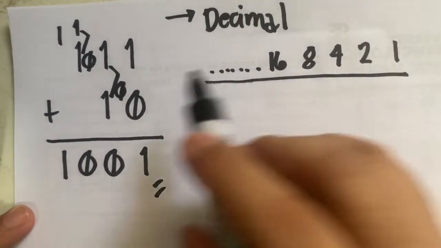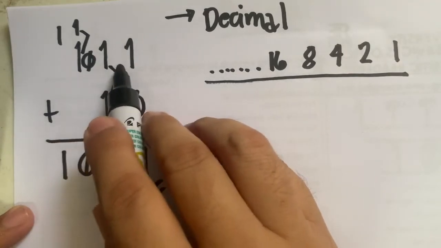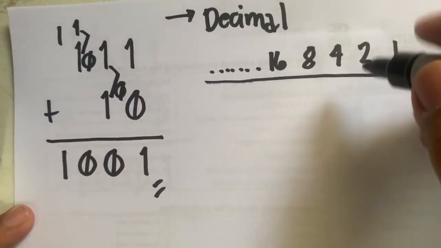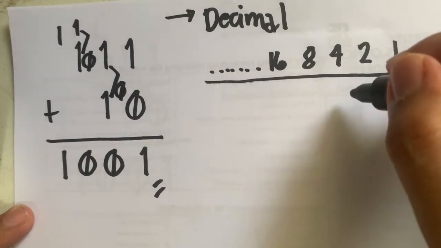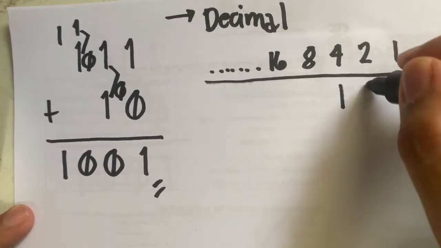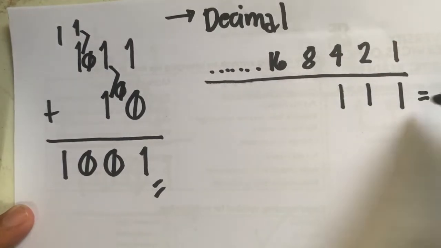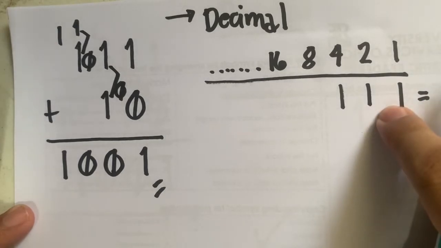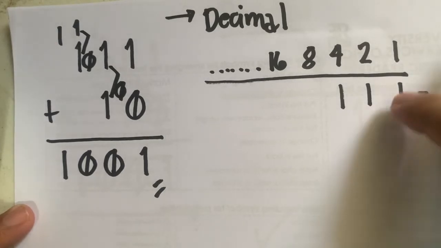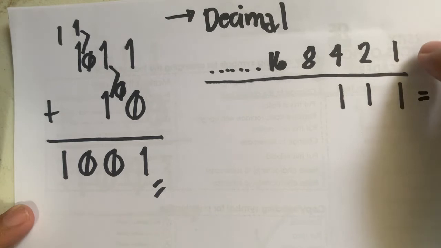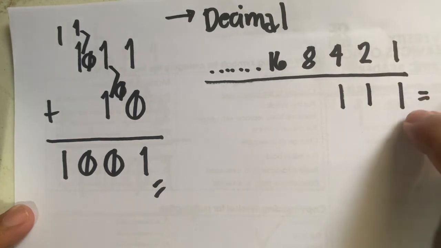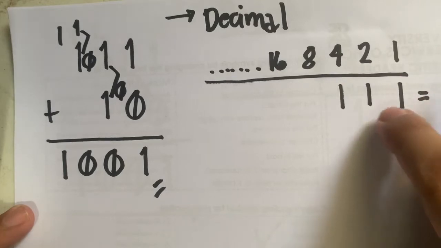And then we put the given numbers below the positional value. So in this case, we have 111. To convert these binary numbers into their equivalent decimal number, we simply add the values in the positional value which are opposite a 1 in the binary number.